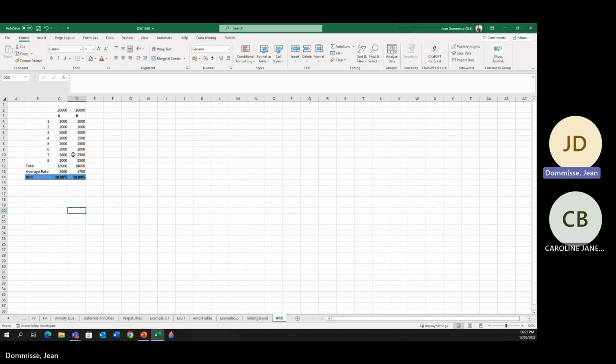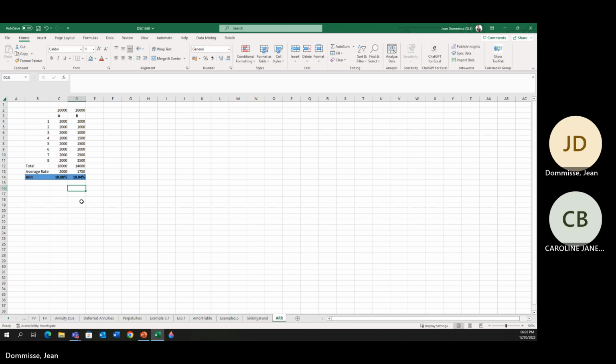Interesting, one would maybe have thought that proposal A seems better, but actually proposal B has a better average rate of return. Not a lot better, but instead of 10%, you're getting nearly 1% more per year. So 11% versus 10%. On average rate of return, you would have gone for proposal B.